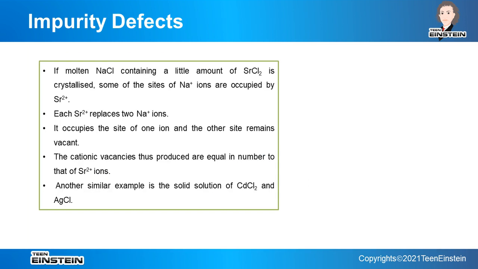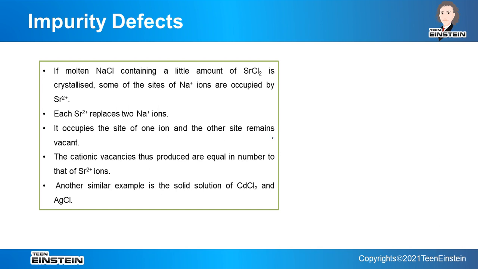Now the impurity defect, because under point defect there are a total of 3: stoichiometric defect, non-stoichiometric defect and impurity defect. So in impurity defect there is no further category, so we will take just one example. Molten NaCl containing a little amount of SrCl2. So now see, until now we have only the original crystal, we do not have any foreign atom or foreign compound.